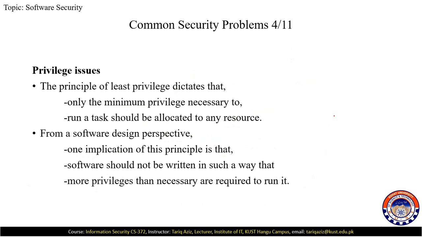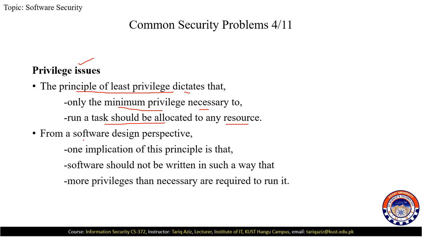Now, dear students, the second security problem is privilege issues. We already discussed the principle of least privilege, and it says that only the minimum privilege necessary to run a task should be allocated to any resource, particularly at a given time.